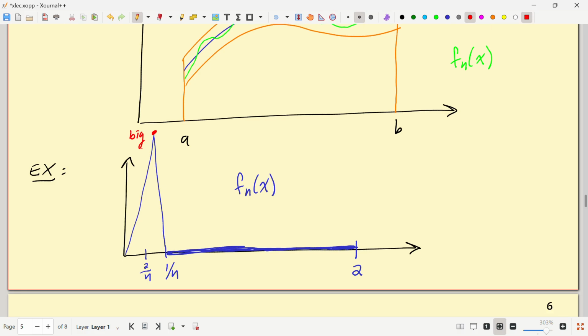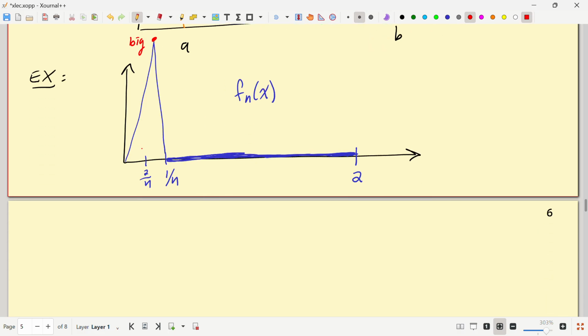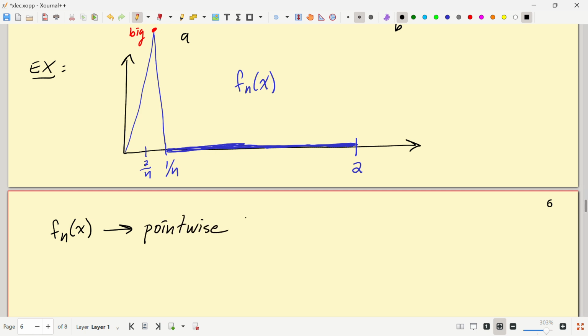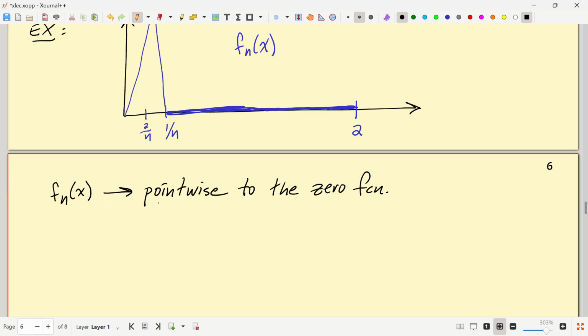This example is interesting because fn of x converges pointwise. At each point, pick a point, it converges to the 0 function. But they get arbitrarily big. They're not even bounded.